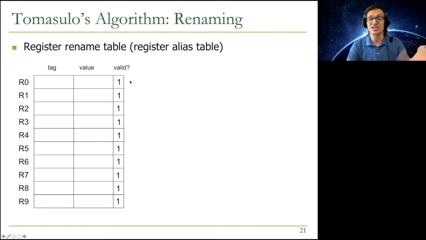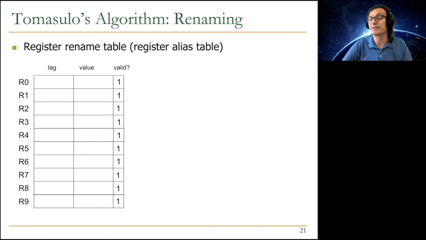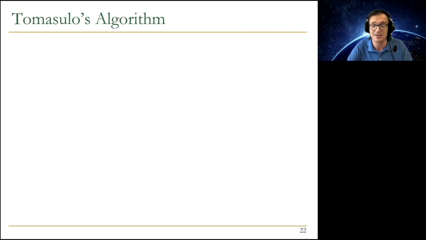The instruction that is decoded that's writing to register 0 sets this valid bit to 0, but it also sets a tag, basically renames register 0 to a physical register ID, or a reorder buffer entry ID, or a reservation station entry ID, as we will see. And this will enable us to actually execute instructions and link instructions together.